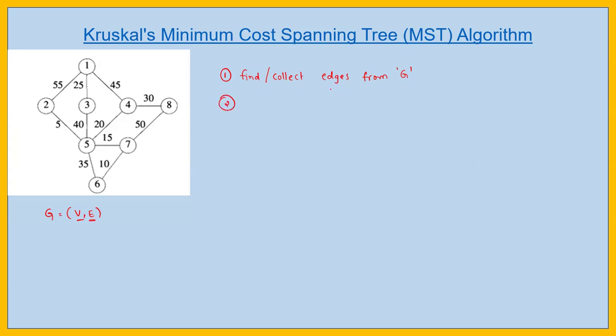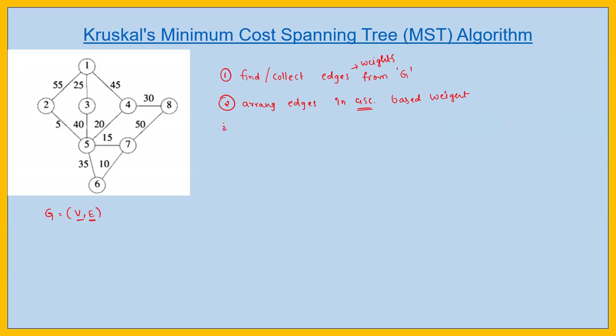While finding the edges, you need to collect the weights also. Next, we need to arrange all these edges in ascending order, which is ascending order based on the weights. This is the second step.